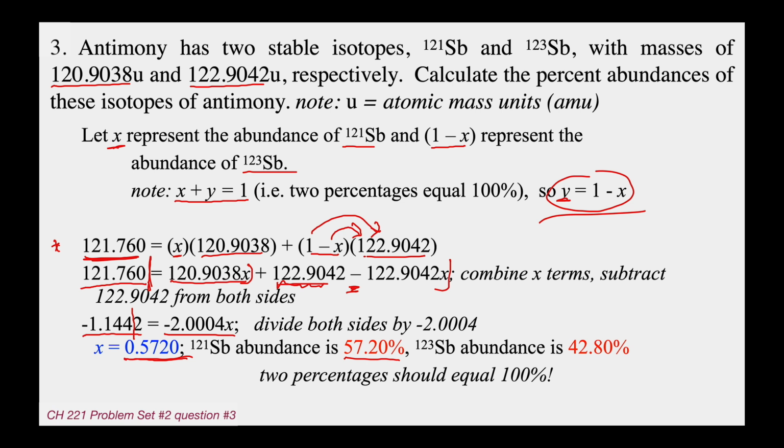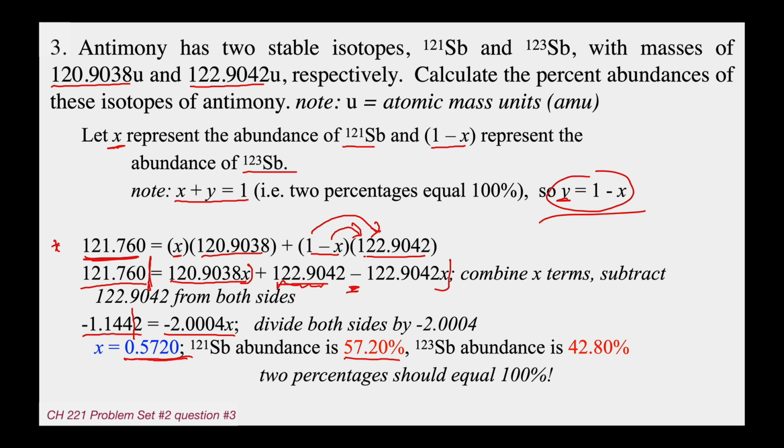And because it's closer to 121, the abundance of the antimony 121 should be greater than the antimony 123 abundance. And that's what we see, and that's good. That's why the antimony 121 abundance should be higher. So that's a nice way to check yourself with this kind of problem.